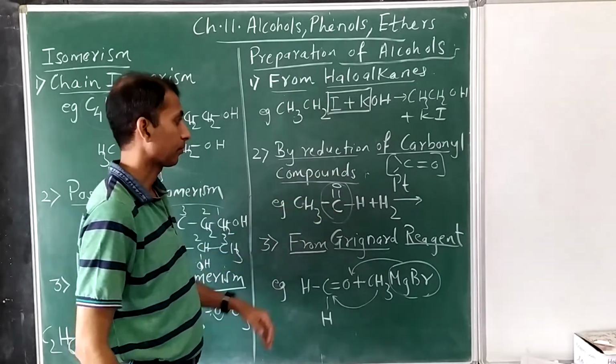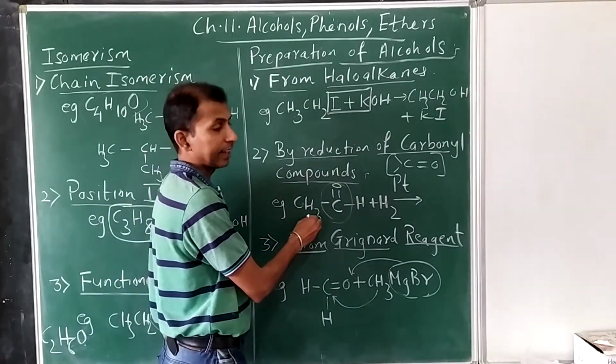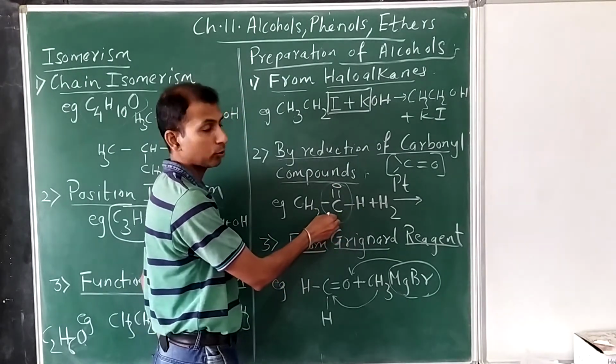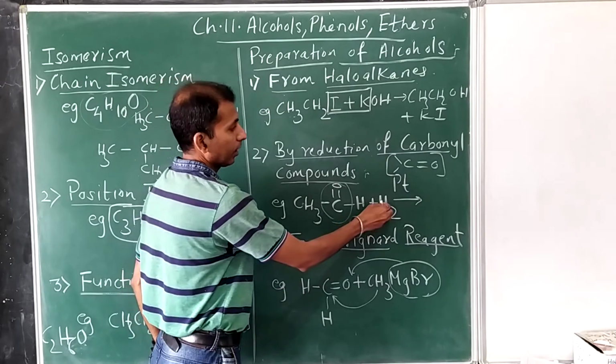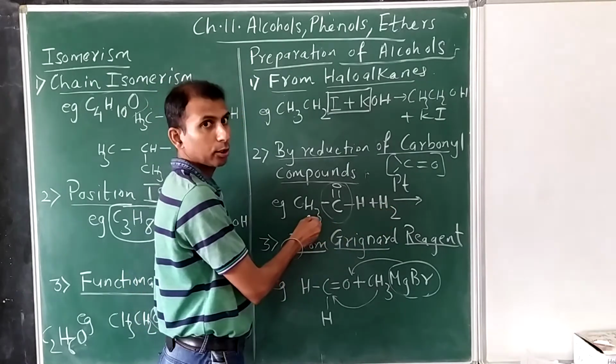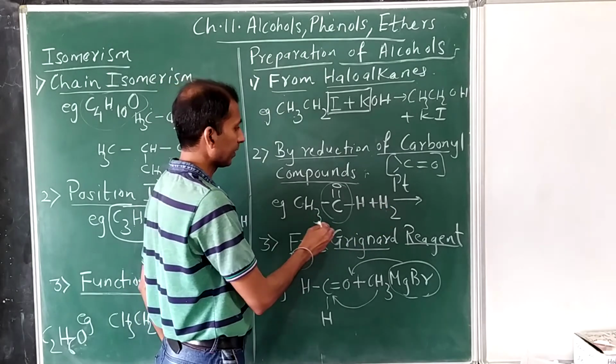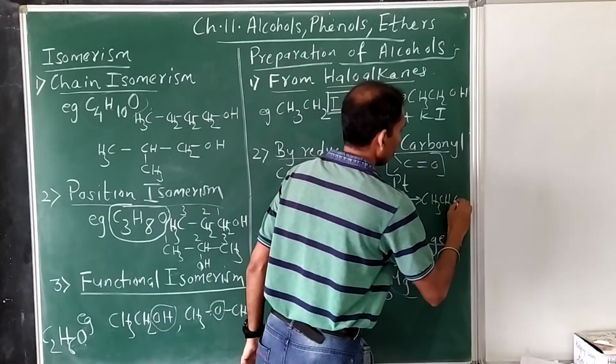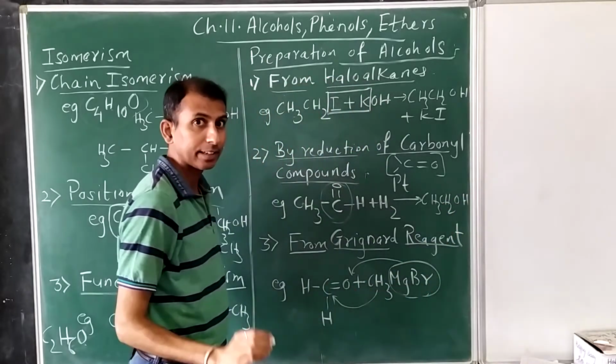Now what is the reaction? This is an aldehyde, as you can see the CHO group is there, so that is the aldehyde functional group. We add a hydrogen molecule to this aldehyde, so we get CH3CH2OH. Now what is happening here?